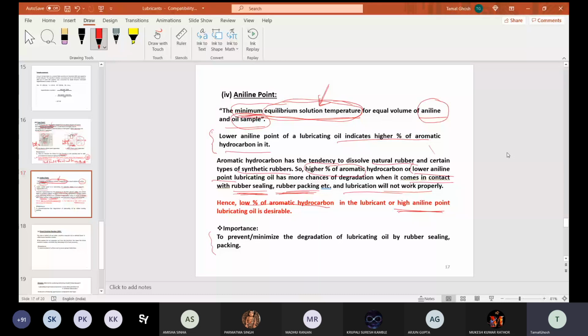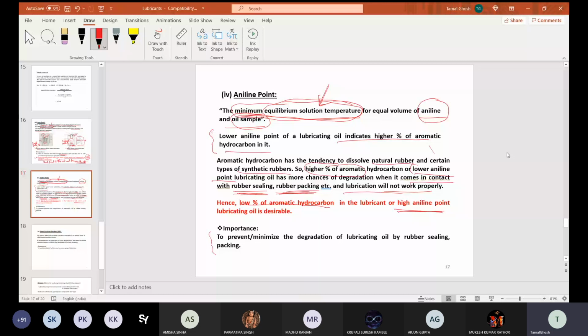If your aromatic hydrocarbon percentage is more, then it is like polar ionic substances, which very easily dissolve in a polar solvent like water.